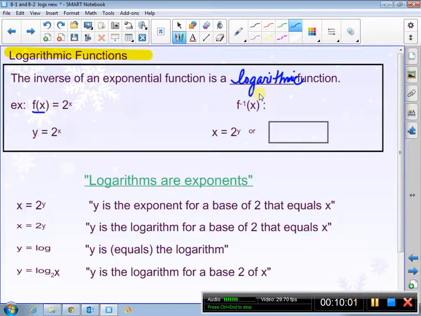We started with f of x equals 2 to the x, which is the same as y equals 2 to the x. We switched our x and y to get the inverse.